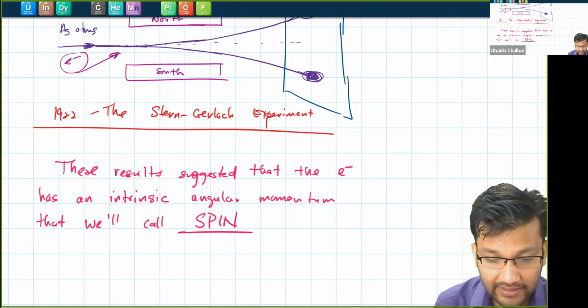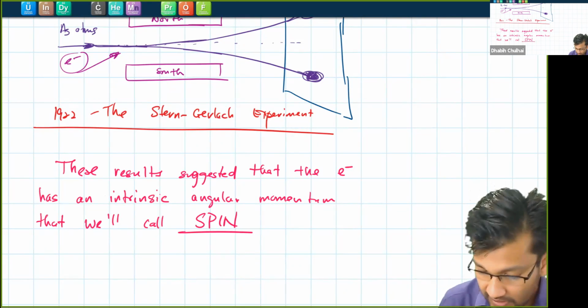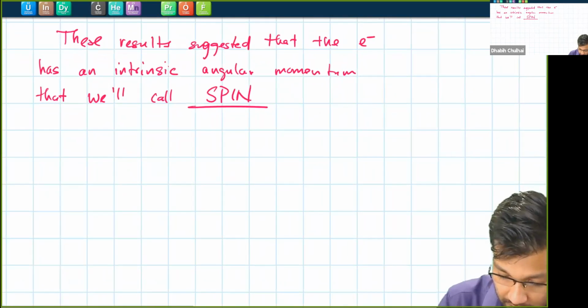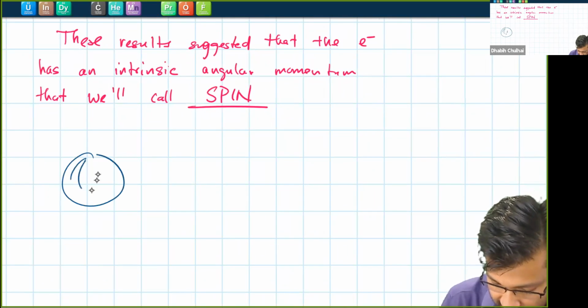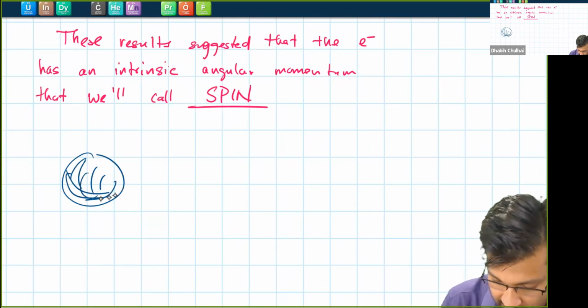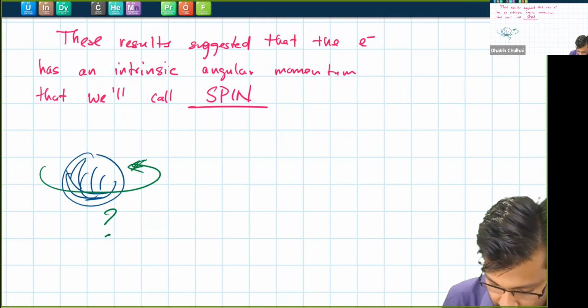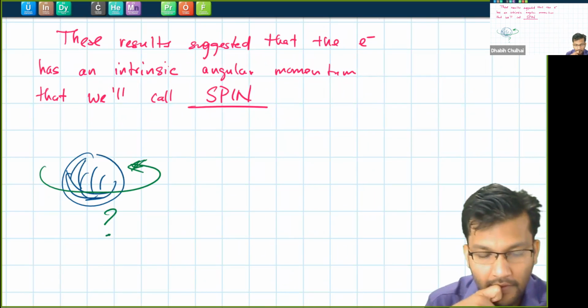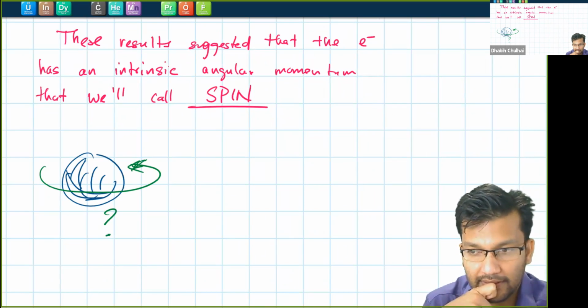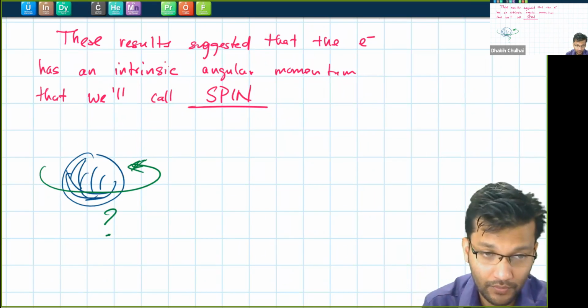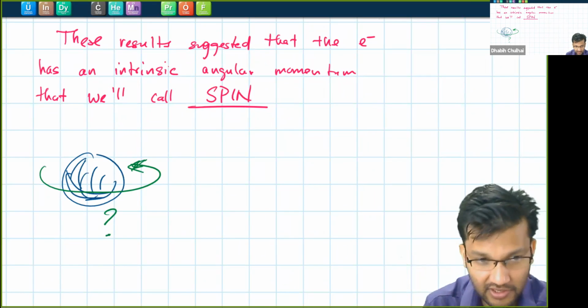Why are we calling it spin? Is the electron spinning like a top? Is the electron kind of like a ball, a three-dimensional ball, spinning around like this? Well, here's the thing, we don't know. Is the electron a ball? How big is it?